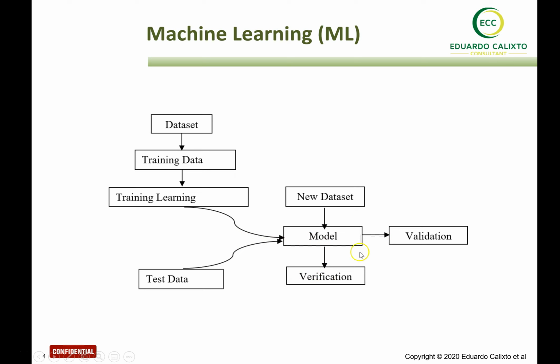That is called the verification. So based on the error that we get in the test data and the training data, we can accept the model and then apply new data sets. If the new data sets have acceptable error, we validate the model, then we can use it for new data sets similar to the ones we had at the very beginning.